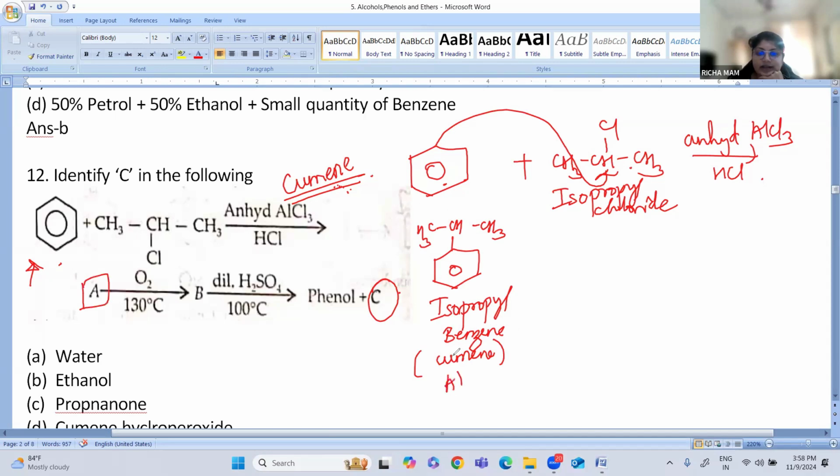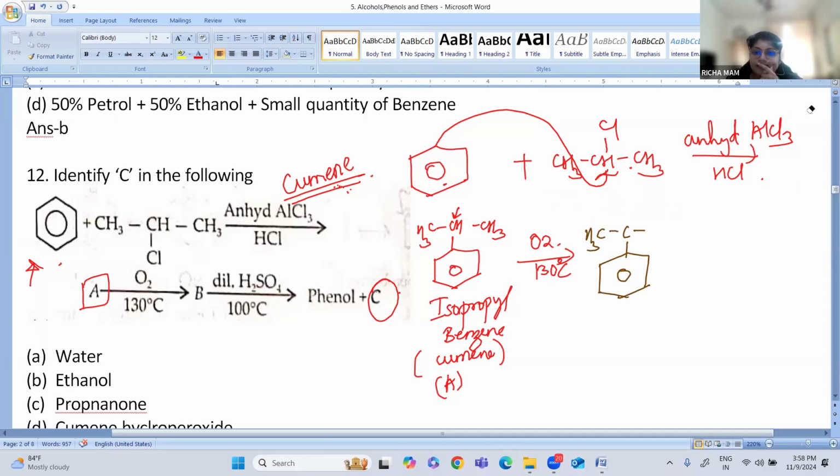Now this A is reacted with oxygen at 130 degrees Celsius. So what am I going to get here? There will be introduction of oxygen here, the O2 linkage, with C, CH3, CH3 and OOH.